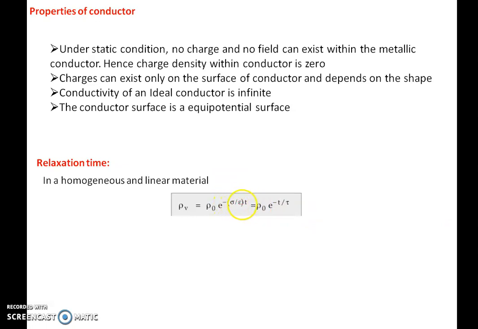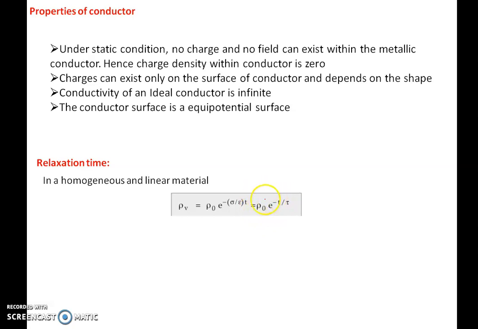So it depends on the conductivity and the absolute permittivity of the medium. This tau is called the relaxation time of the material, and rho naught is the initial value of the charge density.